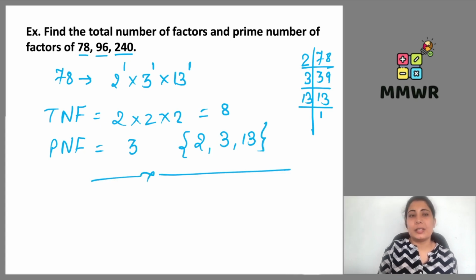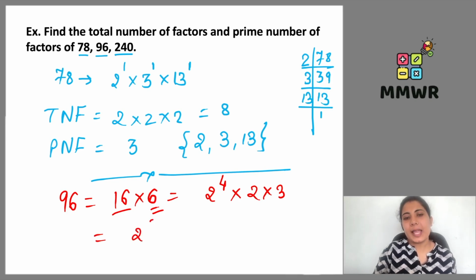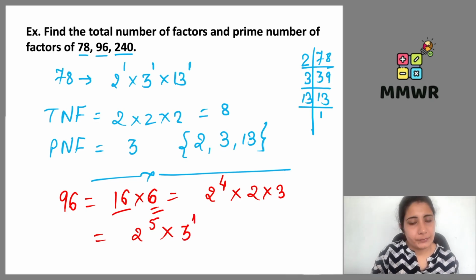Likewise, we'll get it. Then we have another example, 96. Okay, 16 6s are 96. 16 can be written as 2 to the power 4. 6 can be written as 2 multiply 3. So finally, we got the prime factorization for 96 as 2 to the power 5, 3 to the power 1.